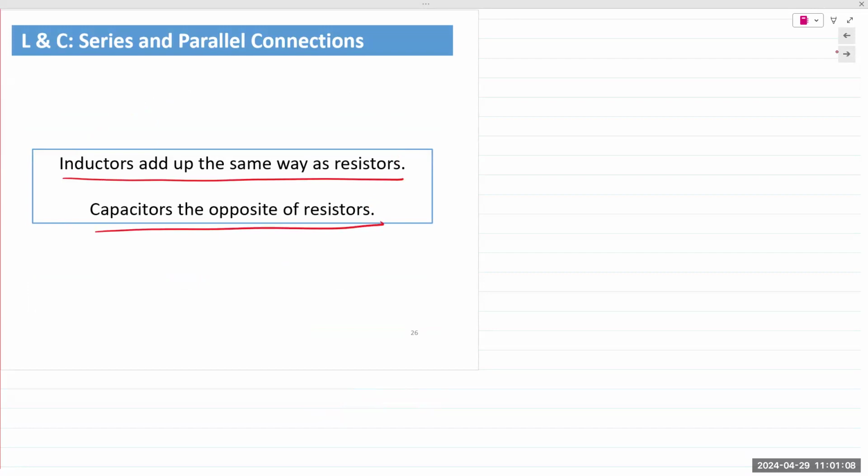Meaning if inductors are connected in series, you simply add them up. If they're connected in parallel, it's the reciprocal. Capacitors are the opposite. So capacitors in parallel add up C1 plus C2 plus so on and so forth. And inductors in series add up the same way as resistors.